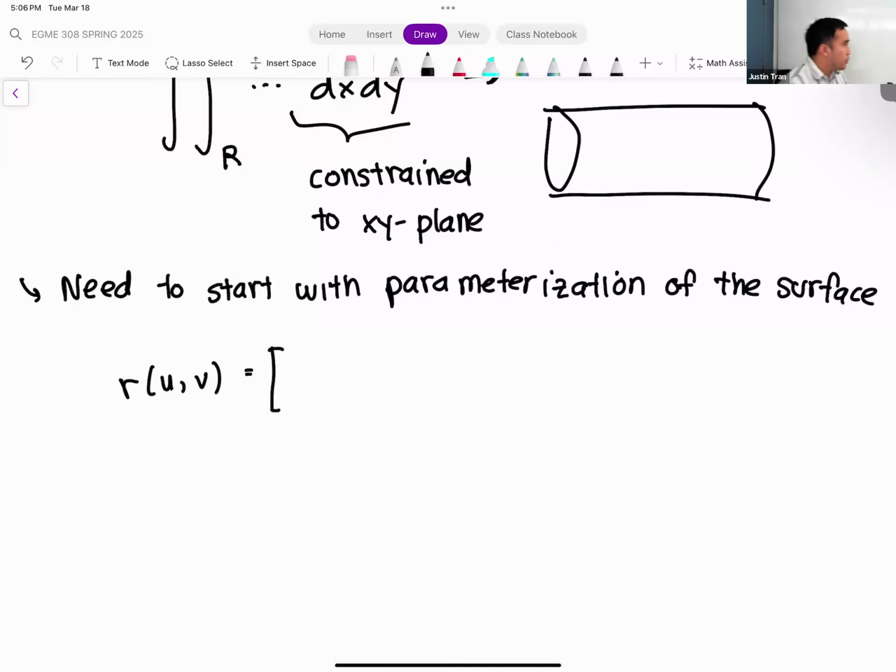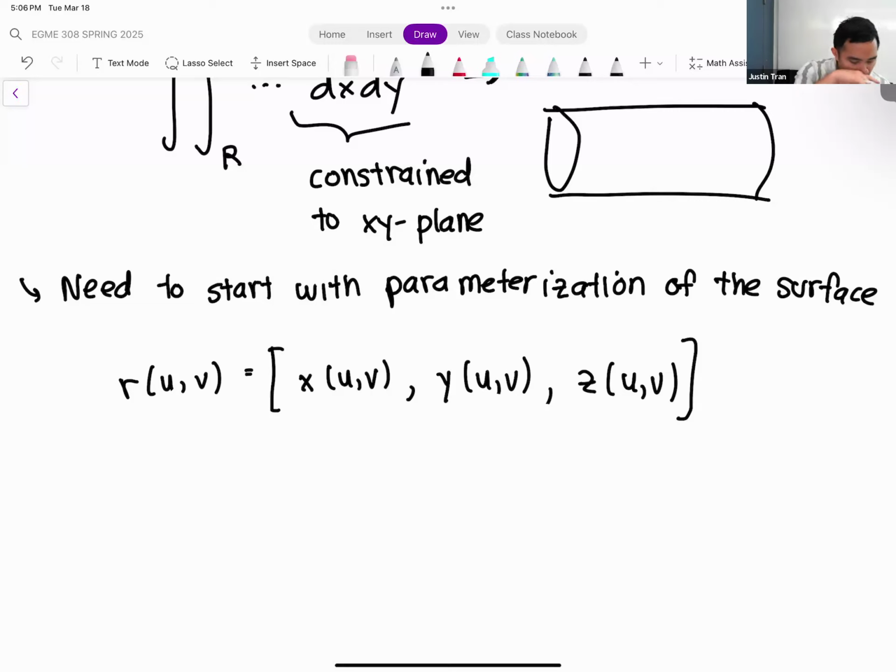And since we're in three-dimensional space, we need three components to our parameterized surface: an X component, a Y component, and a Z component. We have X of U and V, Y of U and V, and Z of U and V. U and V here, you can consider to be the surface coordinates.